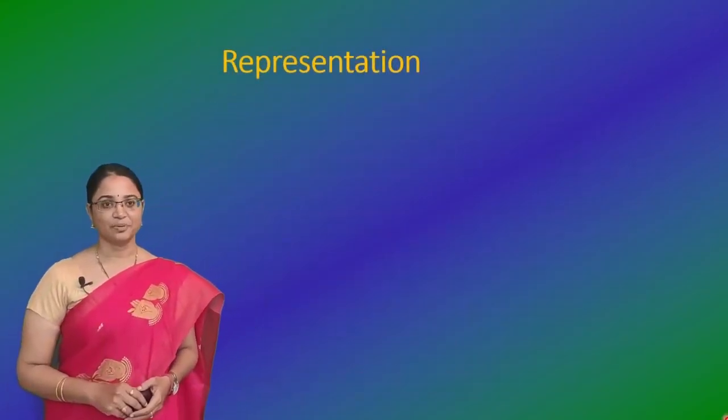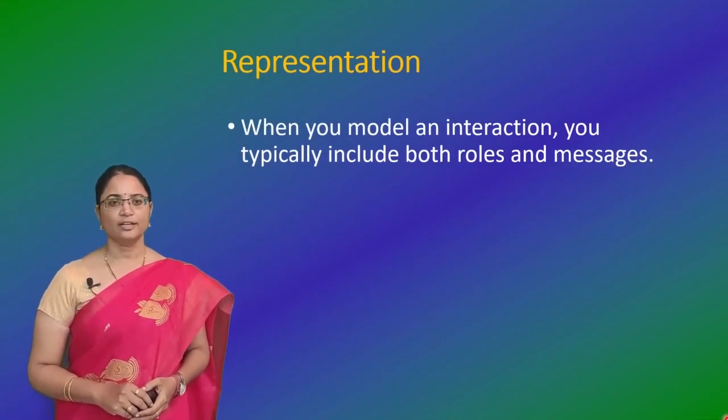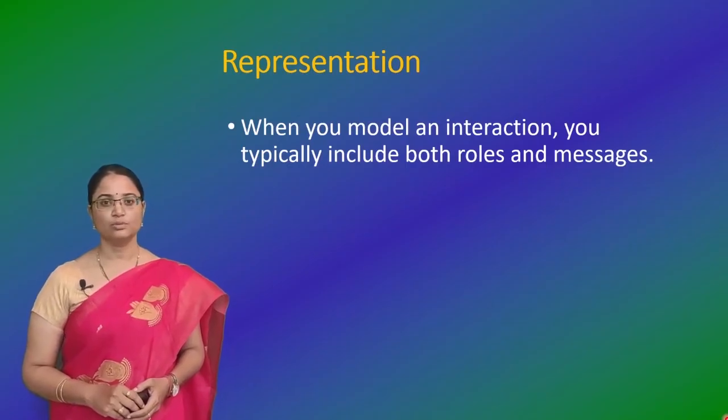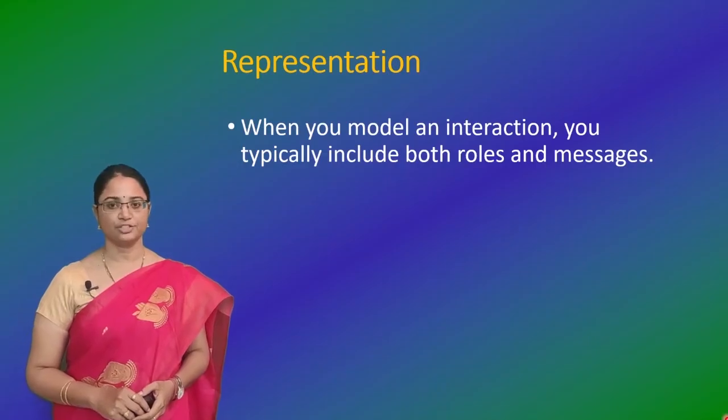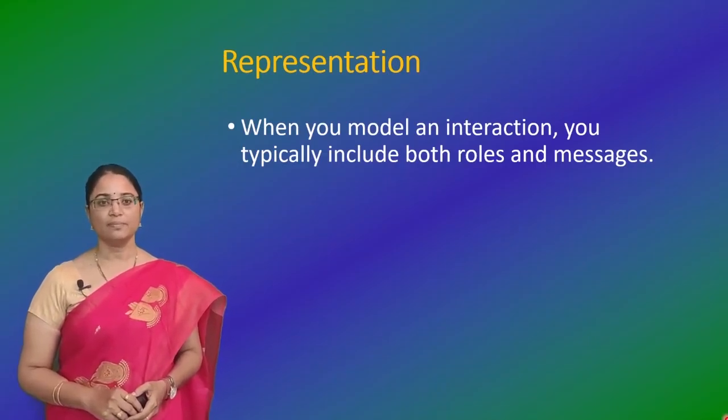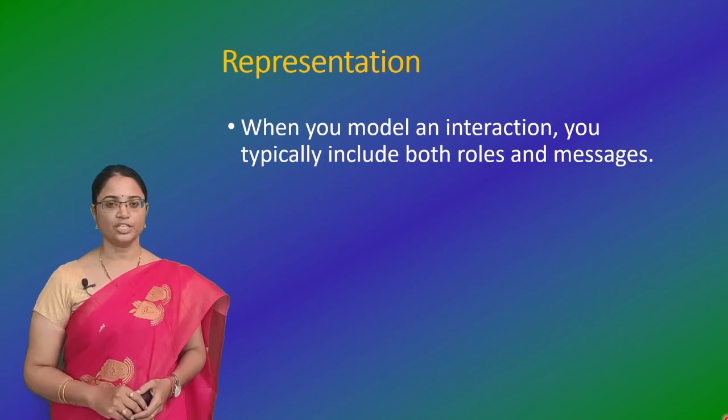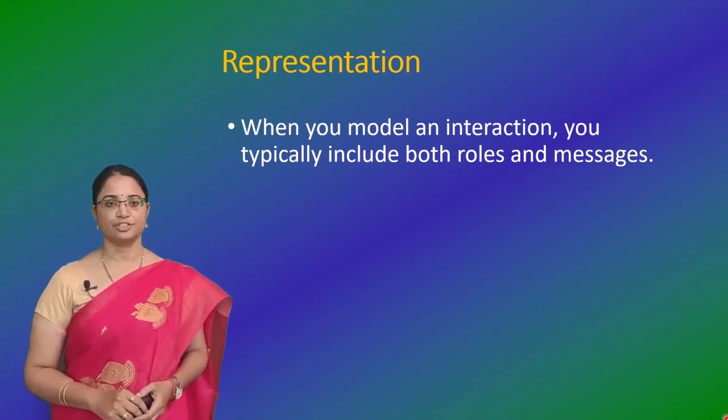Coming to the representation. When you model an interaction, you typically include both roles, each one representing objects that appear in an instance of an interaction. That is nothing but the role. And the message, each one representing the communication between the objects with some resulting action.